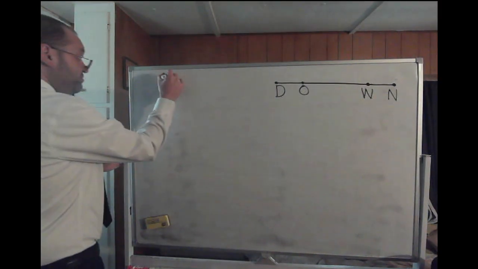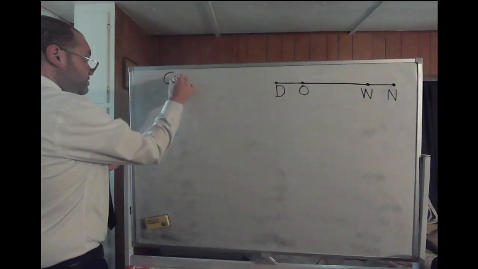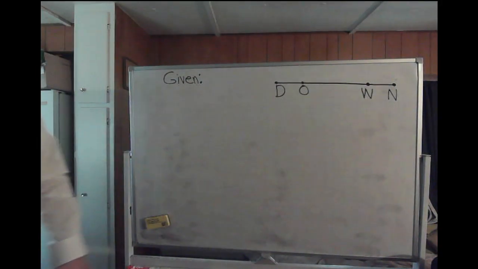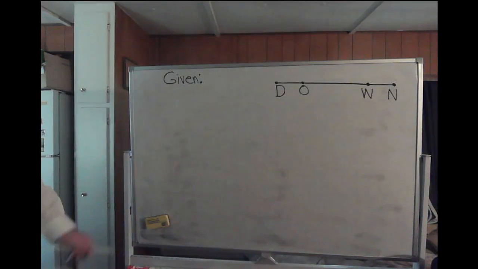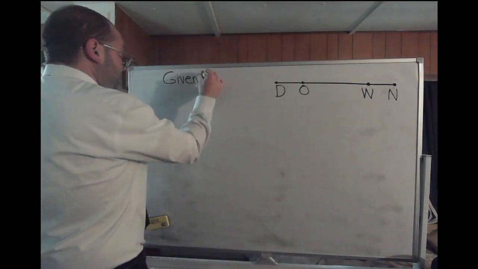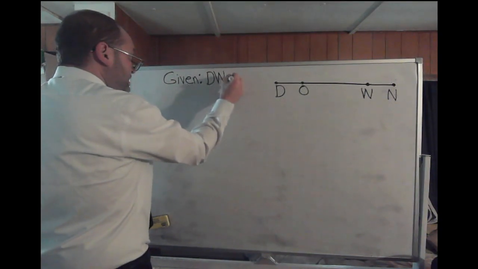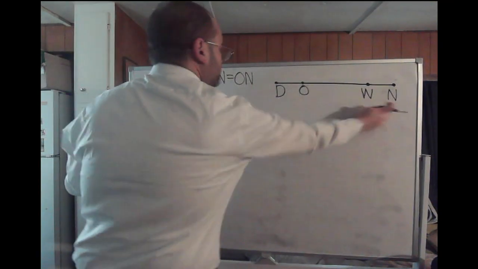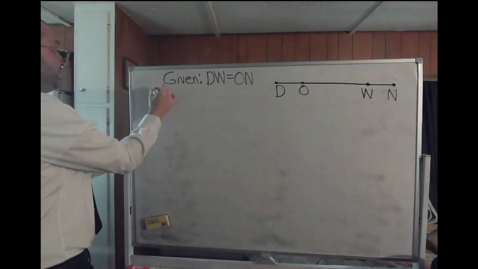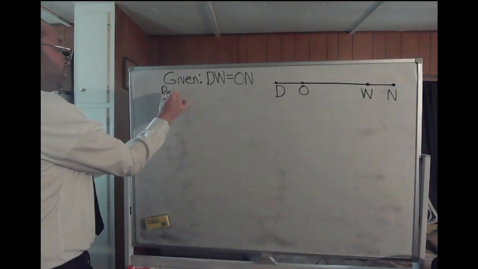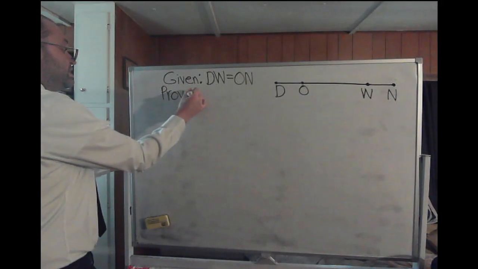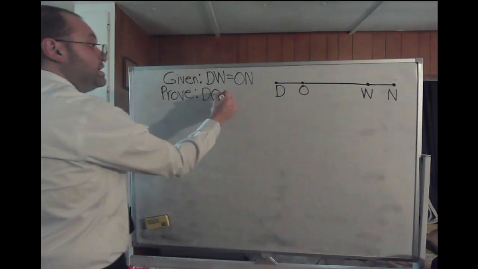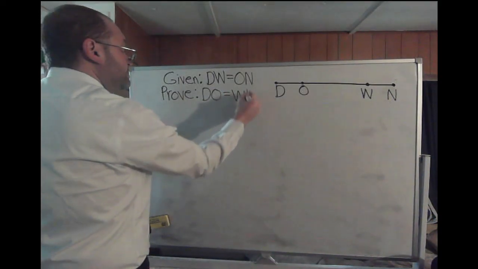Okay, here's what we've been given. So we are given that DW equals ON. We're given that DW equals ON. So we have that information. What we are asked to prove is that DO equals WN.